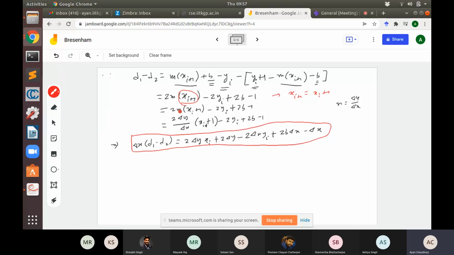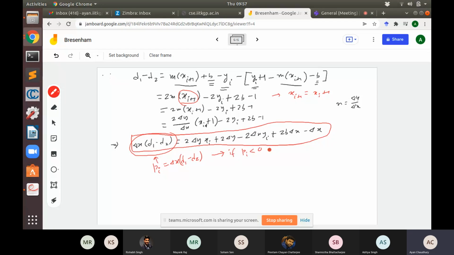Okay. So now what we try to do is associate these with some quantity. Let's call it pi. So pi is equal to delta x of d1 minus d2. Basically, we will try to see what happens if pi is less than 0.